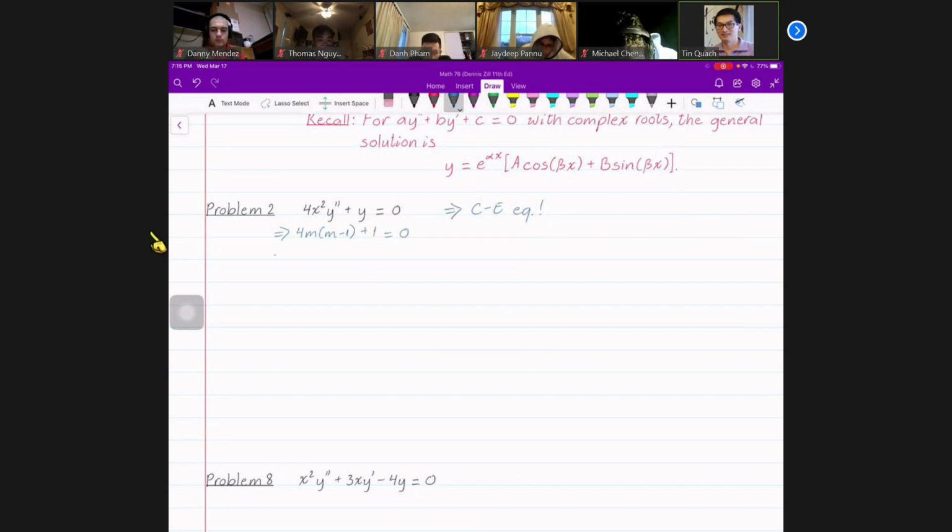And then let's multiply out and find out what m is. So you have 4m squared minus 4m plus 1. So that gives you 2m minus 1 quantity squared. So that gives you m is equal to 1/2, repeated twice, right?